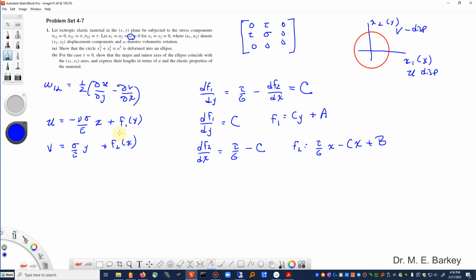So instead of having it written like this, we can just write, I'll put it down here, u is equal to minus nu sigma over e times x plus f1, and v is equal to sigma over e times y plus f2.